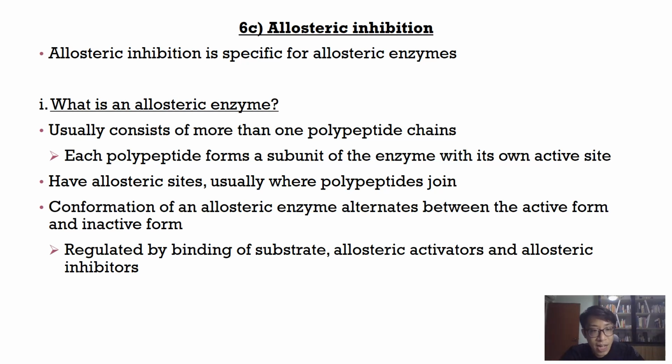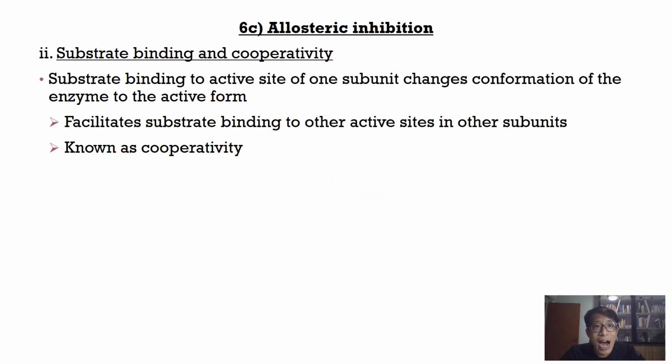This alternation between the two forms can be regulated by the binding of substrate as well as binding of allosteric activators and allosteric inhibitors. Let's look at how the binding of substrate regulates the change in the conformation of the allosteric enzyme.